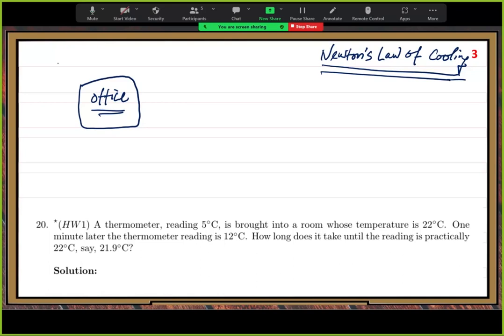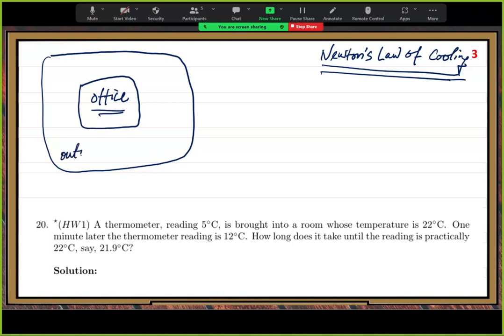Then around the office, that's the outside environment, right? We treat the outside as the environment. So the outside temperature is basically the environment temperature.